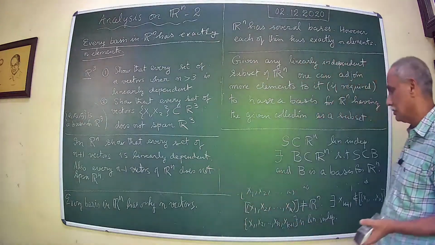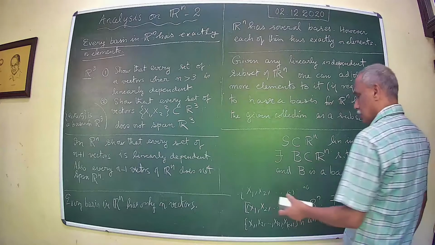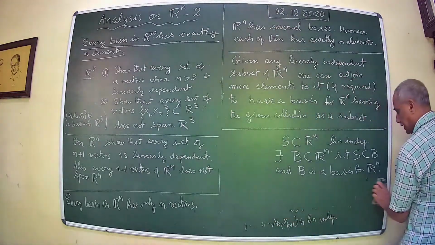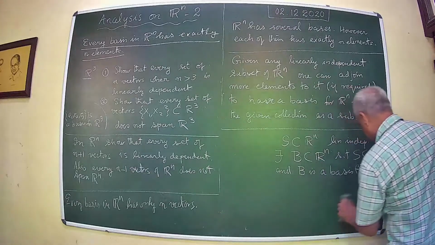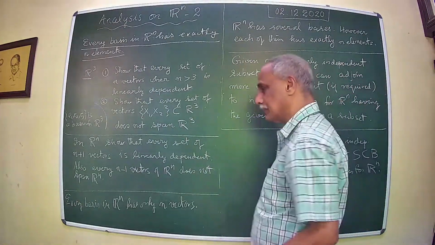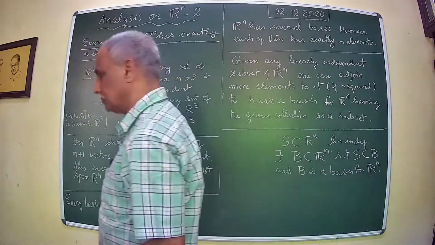Okay? So what one finds is that every basis in Rn has exactly n elements. Although there are several bases, that is possible.